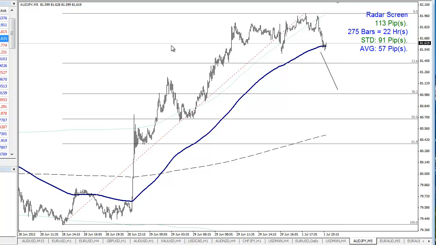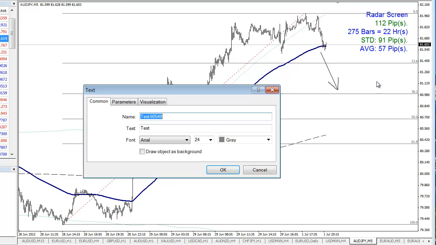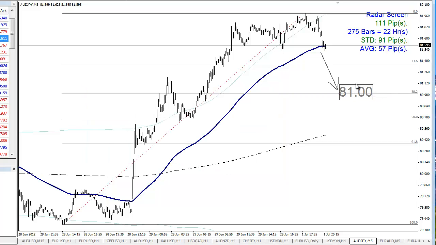If the Australian dollar Japanese yen falls to the 38 fib retracement on this 5-minute chart, or in other words, at approximately 81 even, and I'll write this number on my screen right here. This would just be perfect, actually. 81 even. That's a buy trade on the trending phase of the market for the Bossilator.